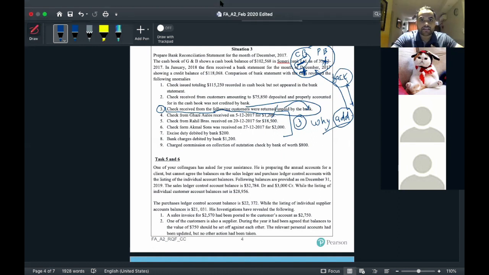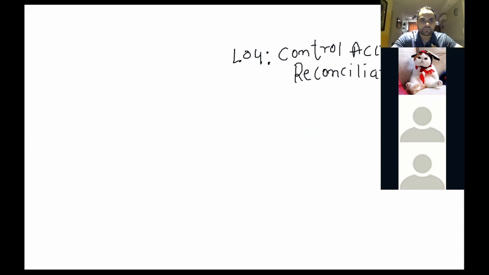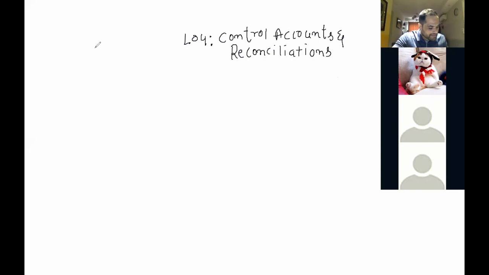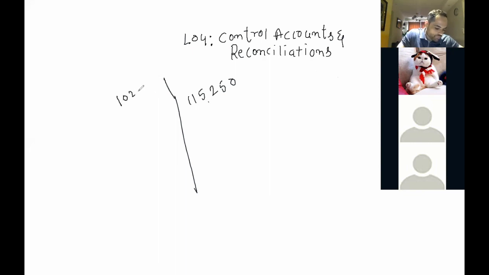Second thing is, let me write down here. A student asked me why the balance is not equal. So let me write down quickly what the transactions were as per the previous video: 115,250. Before that, we had a balance of 102,568.